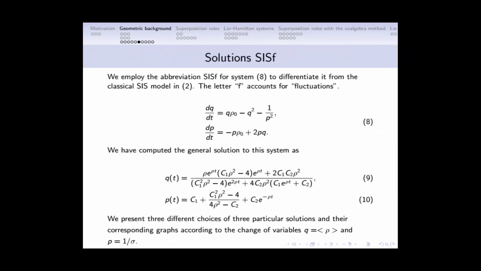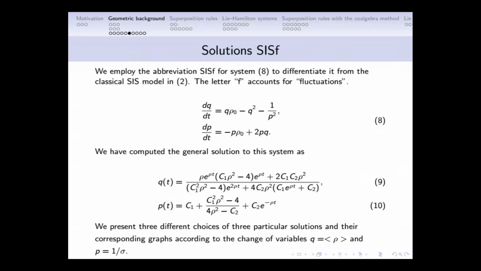So that means that if this Hamiltonian system is a Lie system, we could find solutions in terms of a superposition rule. I'm just going to show you this. If you solve this system analytically, I think I did it with Mathematica, I just found those two solutions. I'm just letting you know that it depends, of course, on two constants of integration.